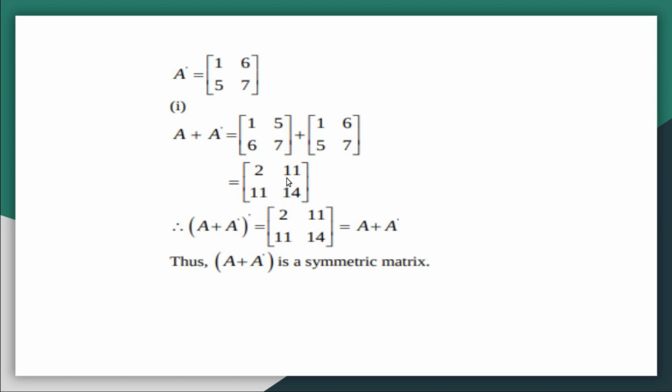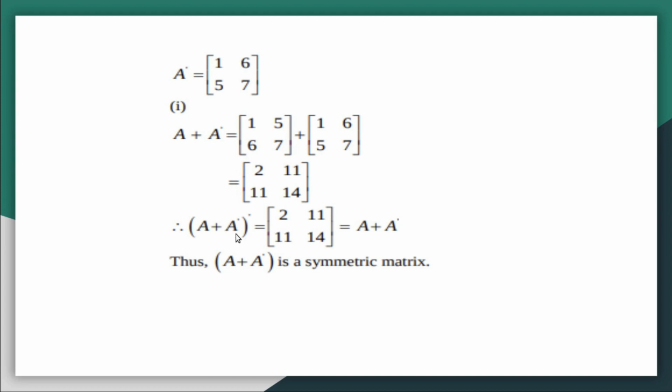Now find the transpose of A plus A transpose. Write the first row as the first column, the second row as the second column. So we get A plus A transpose whole transpose equal to matrix 2 11 11 14, and this is equal to A plus A transpose.